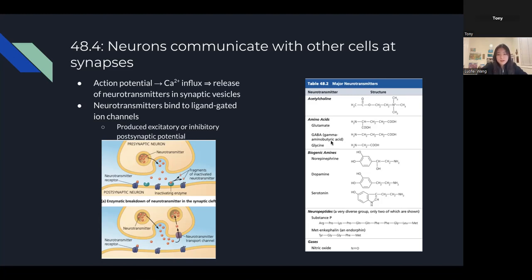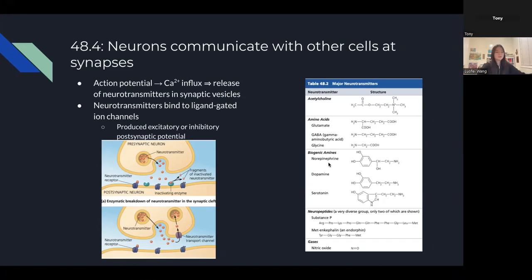And the next one is GABA, aminobutyric acid, also known as gamma-aminobutyric acid. That's responsible for reducing anxiety and also for relaxation. Glycine is important, but not as important. Then the next ones are norepinephrine, dopamine, and serotonin.